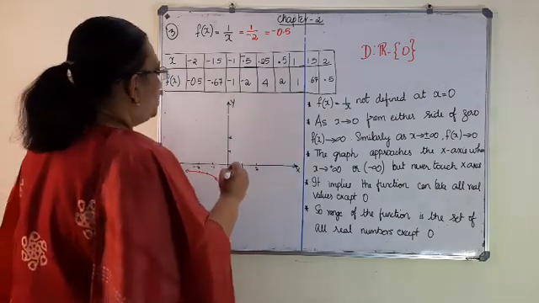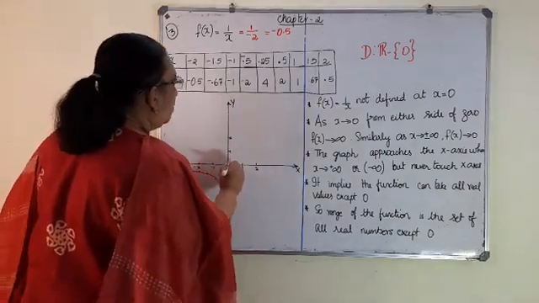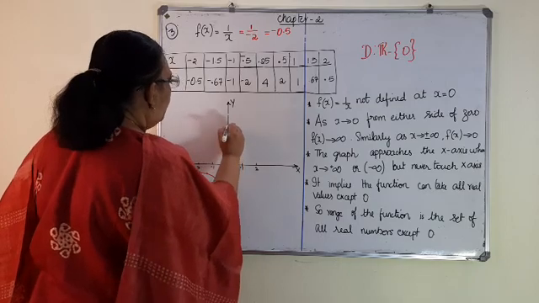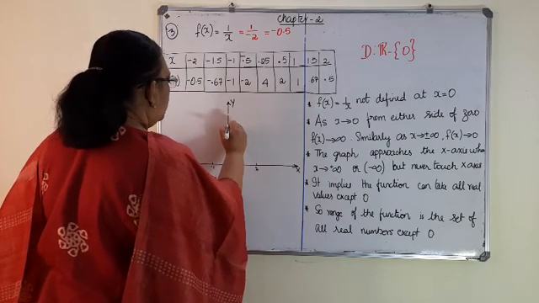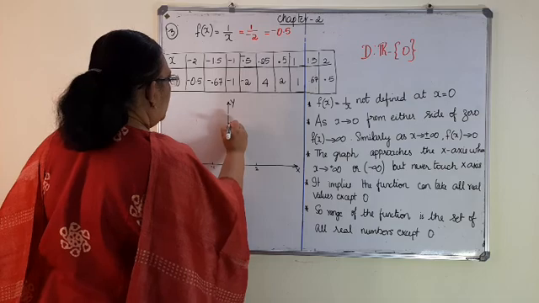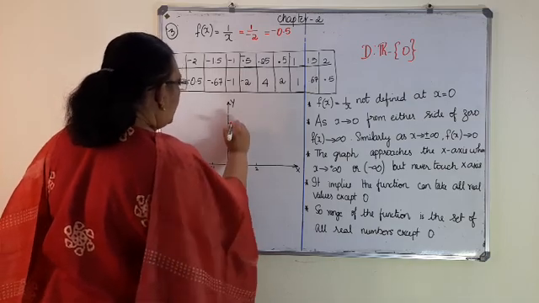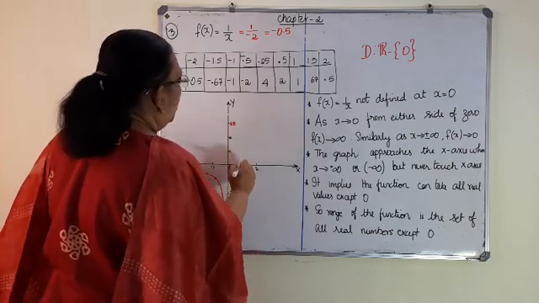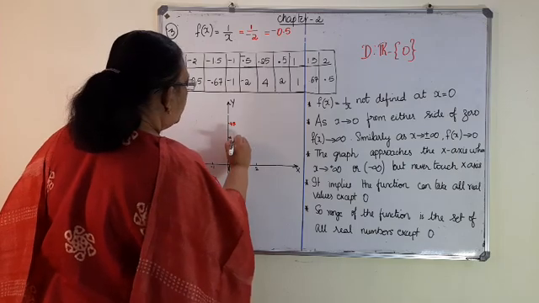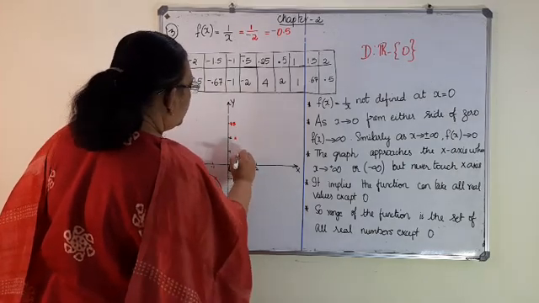Now what about the positive values? For 0.25, it is equal to 4. For 0.5, it is equal to 2. For 1, it is equal to 1.